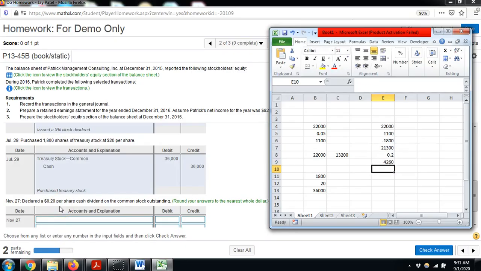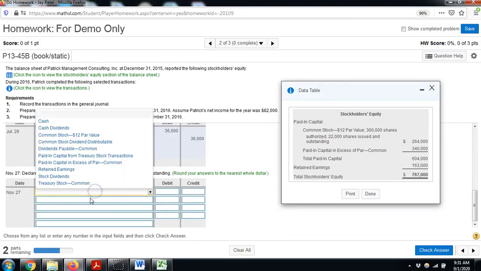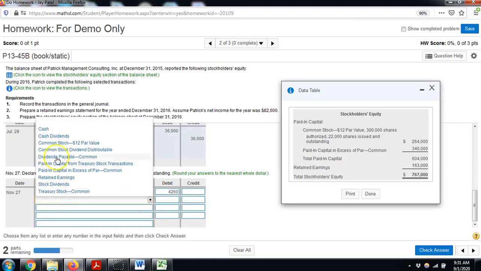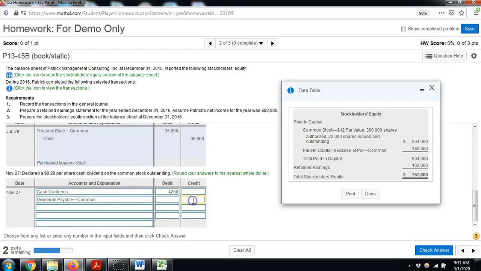So $4,260. And so we are declaring this. So we're going to have cash dividend of 4,260. And then we have a dividend payable, same amount.